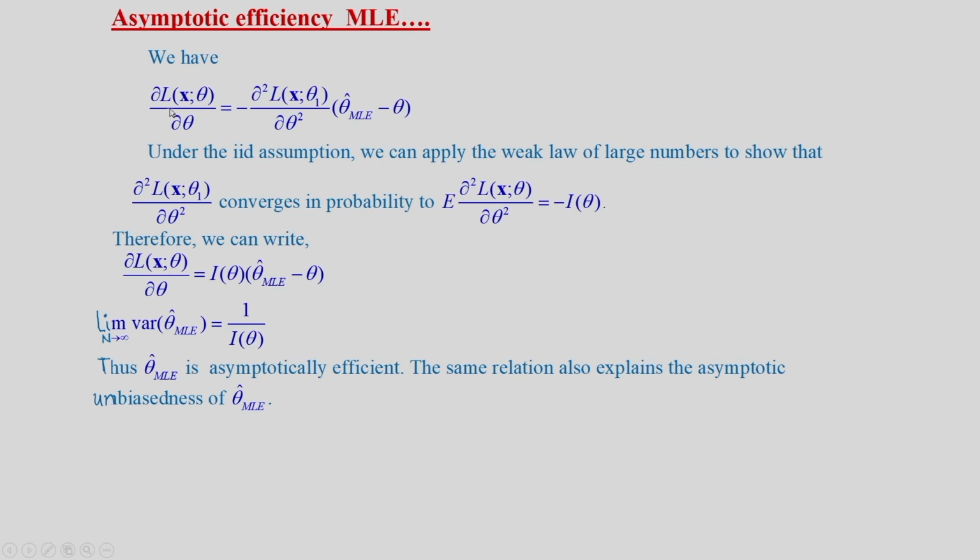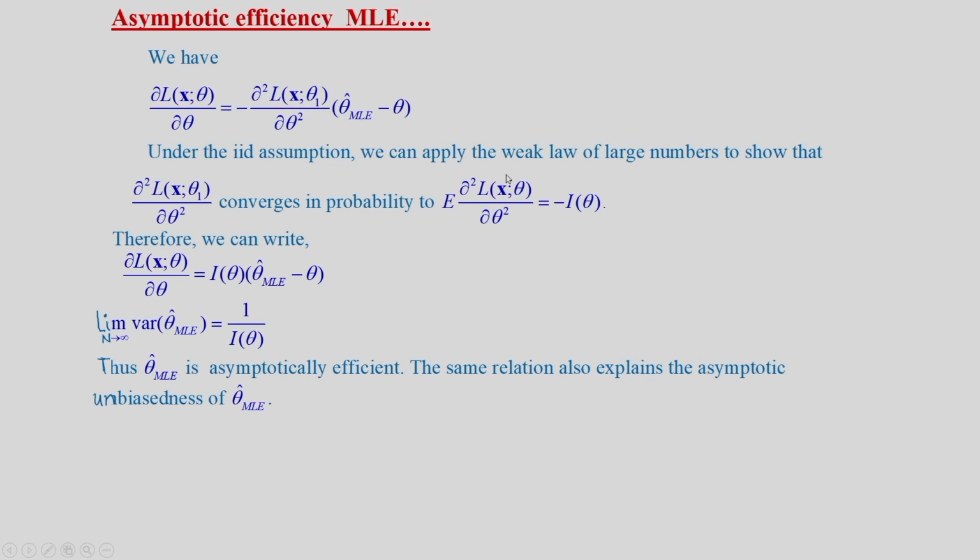We have established that del L del theta is equal to minus del 2L del theta square times (theta hat MLE minus theta). Now, under the IID assumption, because we are assuming that x's are IID, we can apply the weak law of large numbers to this quantity. Actually, this quantity can be expanded as the sum of individual log likelihood functions. So, that way it is a sum of some large number of log likelihood functions.